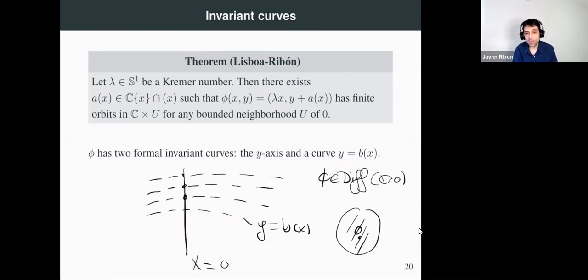So we obtain in this way things that are not easy to realize. And indeed, if you consider the problem of realizing geometrically formal invariant curves for local biholomorphisms, this is the unique case in which you don't have some kind of geometric realization: the case in which the multiplicator is of modulus 1 but not a root of unity.